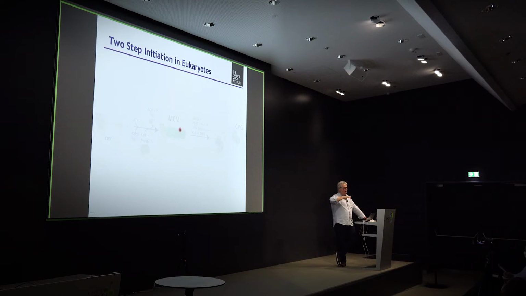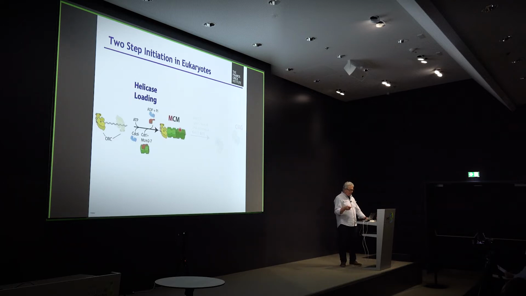And, over the course of many years, and many labs have contributed to this, we now have a pretty good idea. On a sort of a higher level, we understand the logic of how this process works. And it works by dividing the initiation reaction into 2 steps. So in the first step, the helicase is loaded onto DNA, and I'm going to tell you more about all of these proteins as we go along.